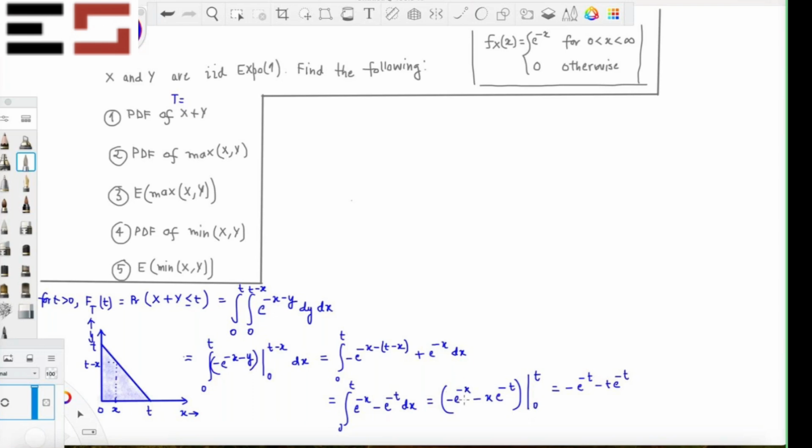If you put 0 there, you get e to the power 0, which is 1, so this is plus 1, and the other term is 0, because when you put x equal to 0, this becomes 0.